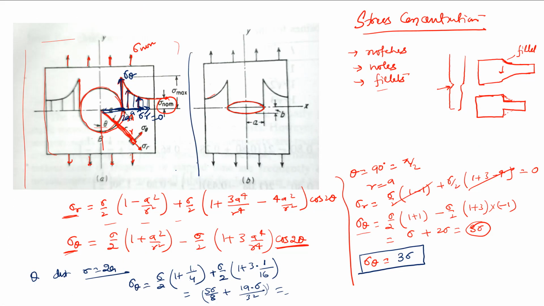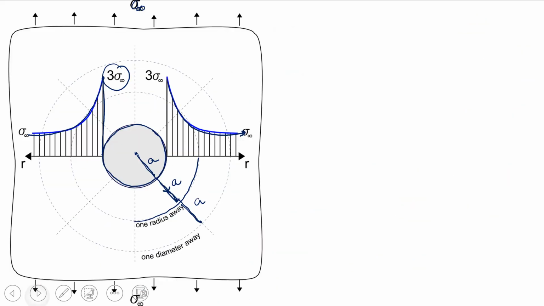Now what about the elliptical case? For the elliptical case, there will again be a stress concentration like this, and the generalized formula for this we can write here: sigma max is equal to sigma times (1 plus 2a by b), where this will be your a, the major axis, and this portion will be b, the minor axis.